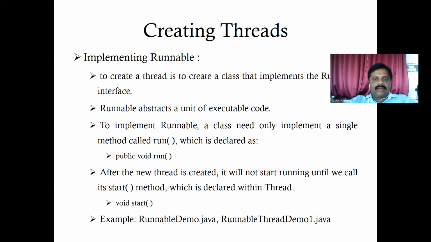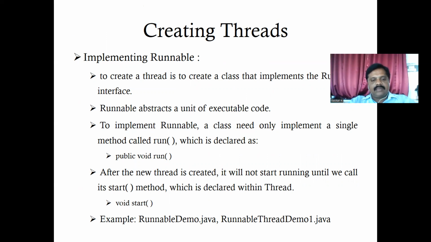In creating threads, next we are going to see implementing Runnable. Another way to create a thread is to create a class that implements the Runnable interface. Runnable abstracts a unit of executable code. To implement Runnable, the class need only implement a single method called run, which is declared as public void run.